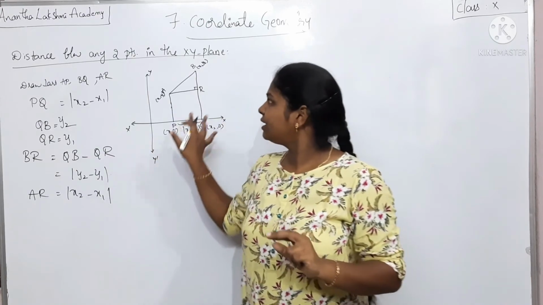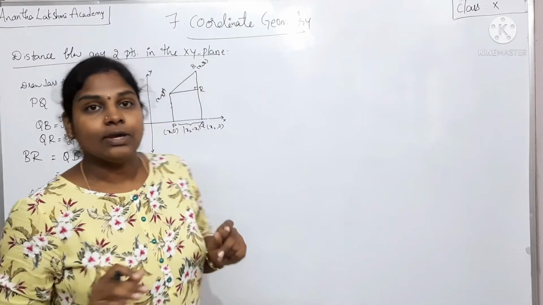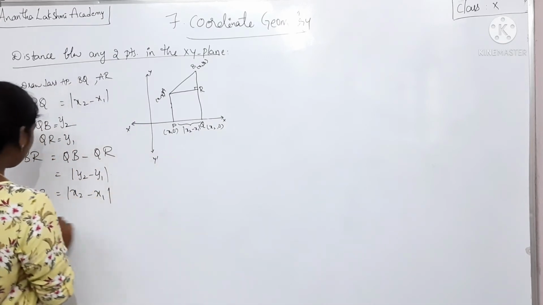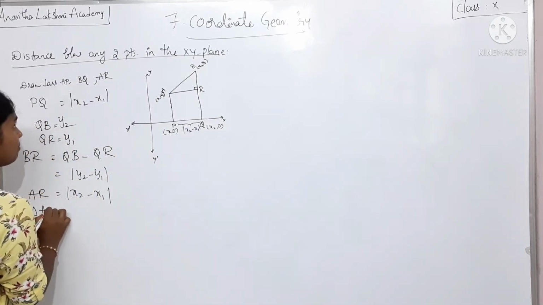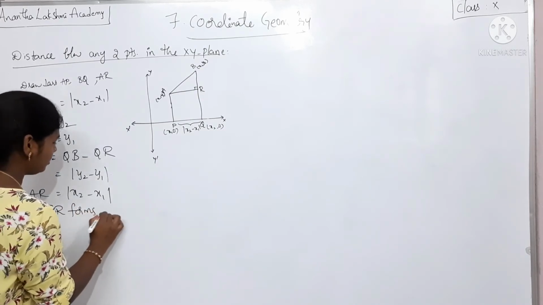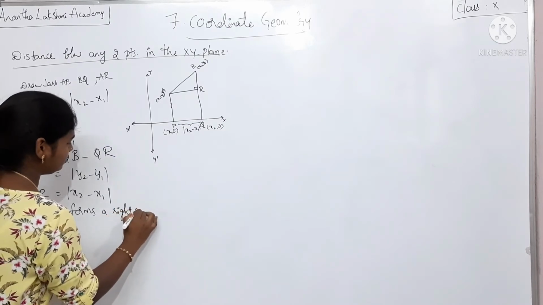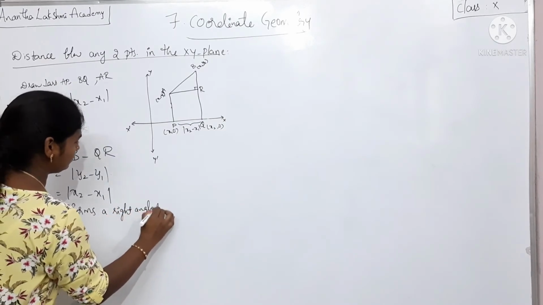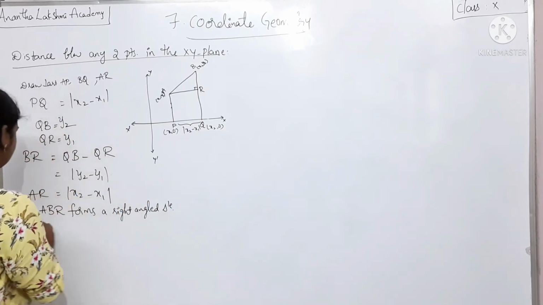Can we find AB using this? Yes, we can. Using what? Right angle triangle and Pythagoras theorem. Triangle ABR forms a right angled triangle. Okay, now what happens?